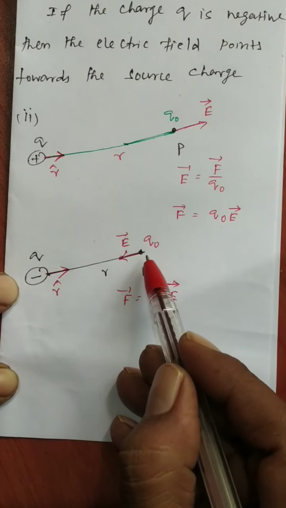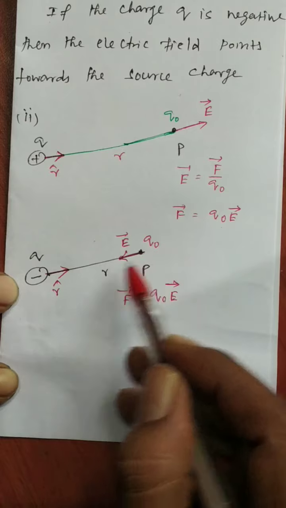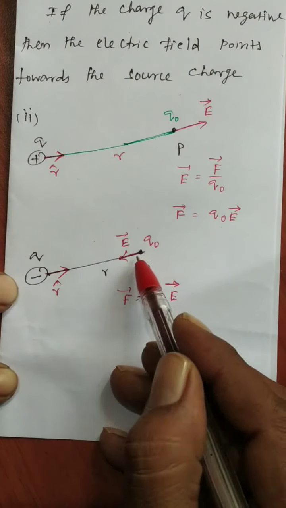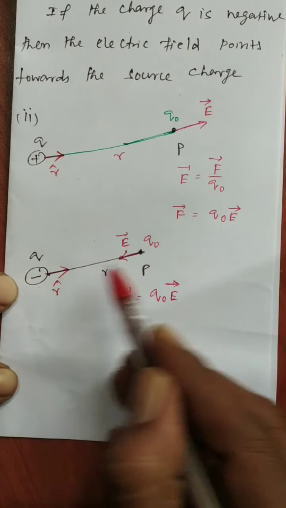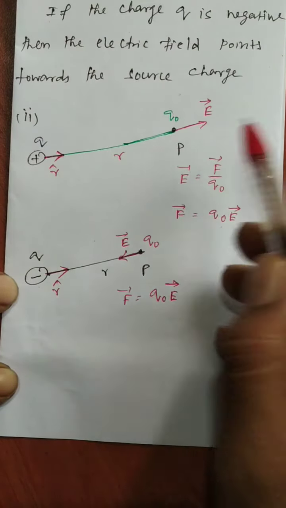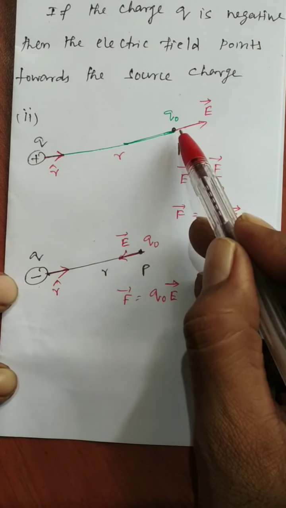But this force acts towards the negative charge, because there is an attractive force here, as this is negative and this is positive. In the other case, both are positive charges, so the force is repulsive and acts away.